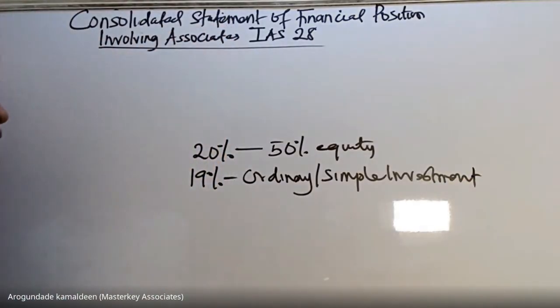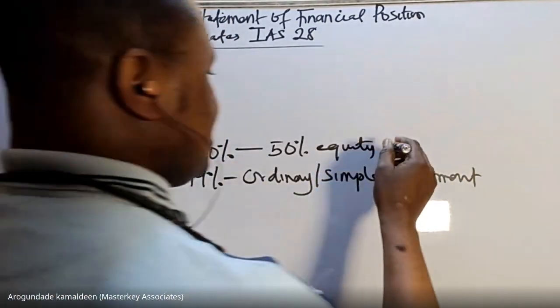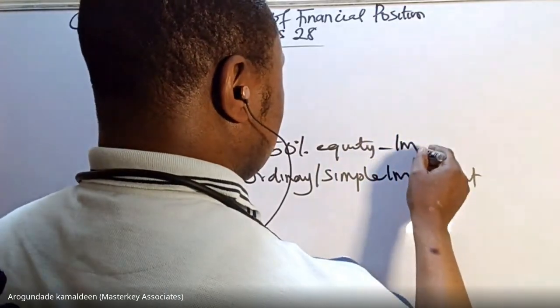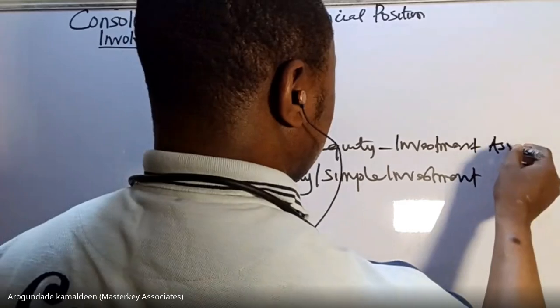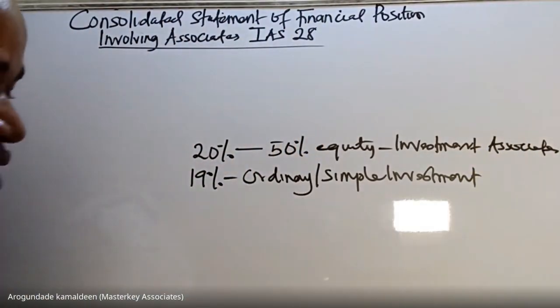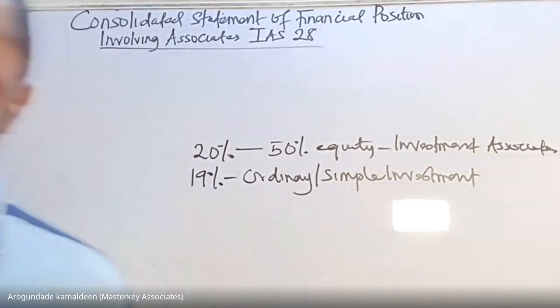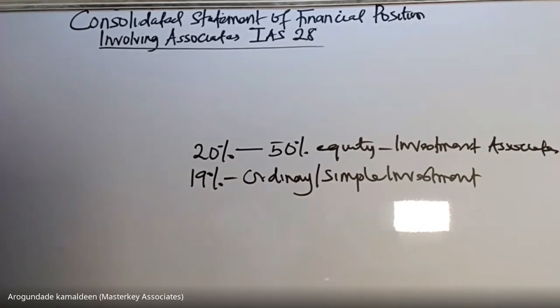But any acquisition from 20% into this range is called investment in associate. Is that clear? Please take note. Because it is an associate, you do not have control. You only have significant influence. Is that clear? That is what you have.